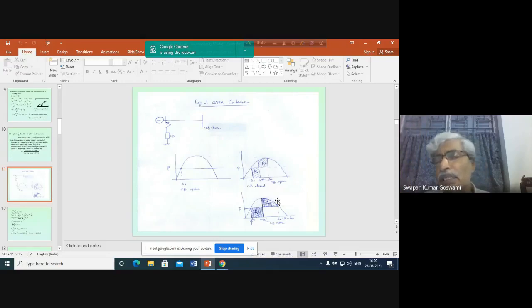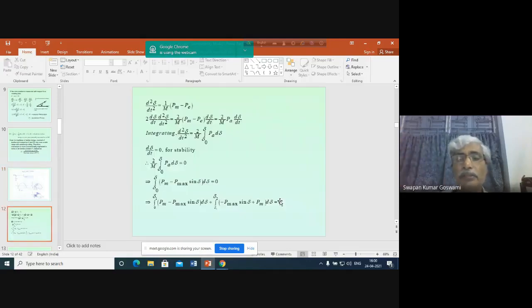So d delta dt equal to 0 indicates that the generator rotor has a speed equal to the synchronous speed. We can say this is the condition for maintaining stability of the generator. So we can say that 2 by M integration of Pa d delta is equal to 0, because d delta dt equal to 0.